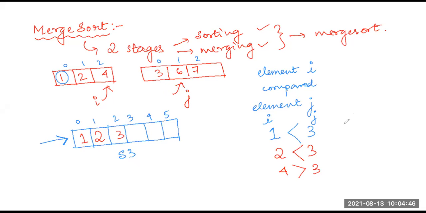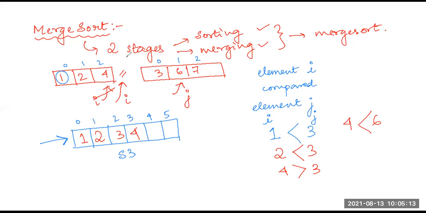Now again, I will compare the element at I and the element at J. We see the element at I is smaller. I will copy it over here. Now I will refer to here. Now the trick is, once any of the arrays is exhausted, like here, my I is referring out of the bounds of the array, that means all the elements are exhausted, that is, compared.